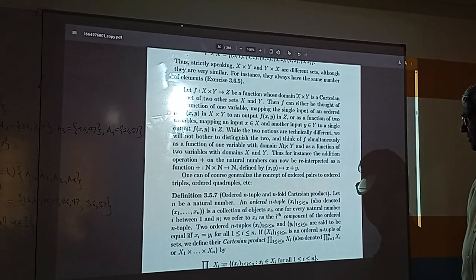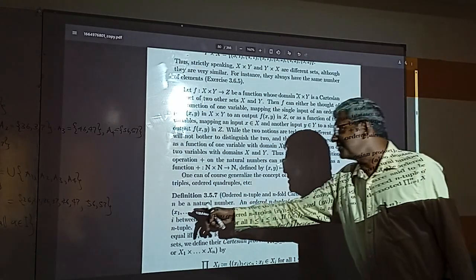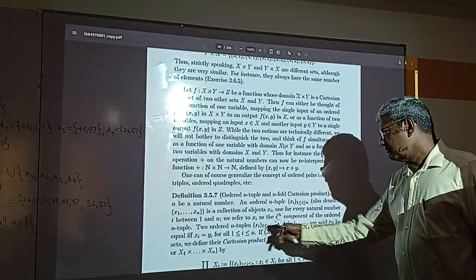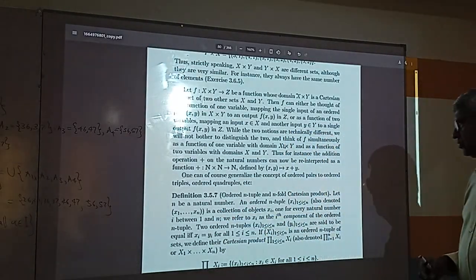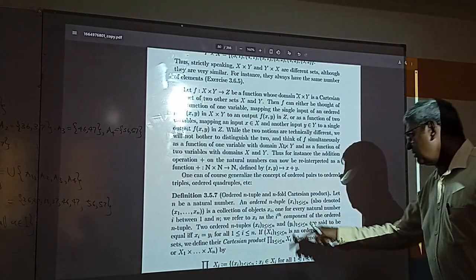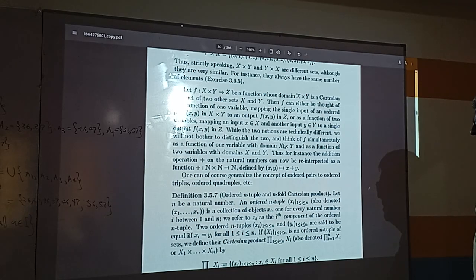We refer to xi as the ith component of the ordered n-tuple. Two n-tuples xi, i between 1 and n, and yi, i between 1 and n are said to be equal if and only if xi equals yi for all i between 1 and n.